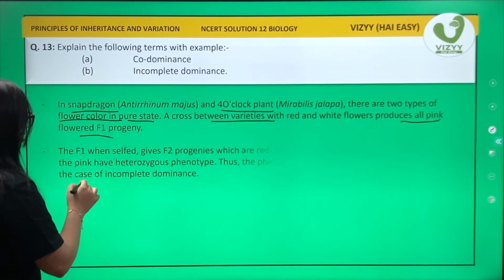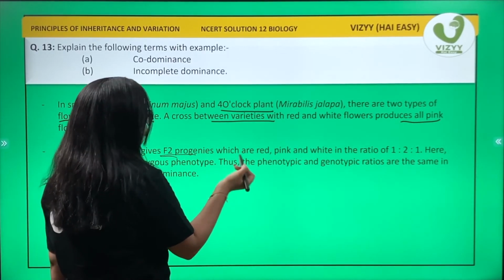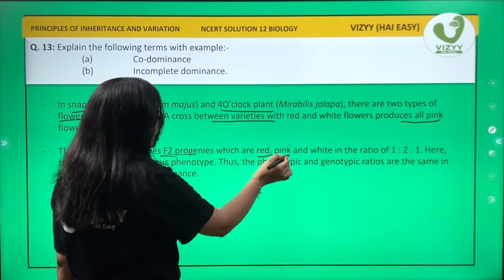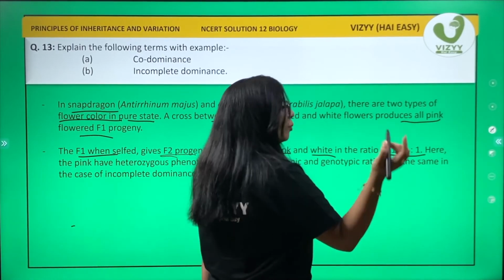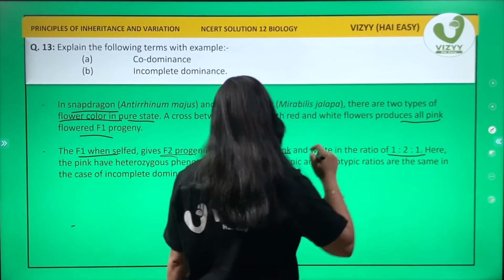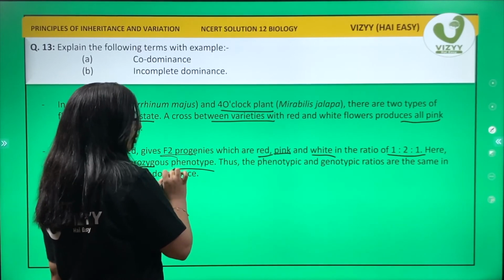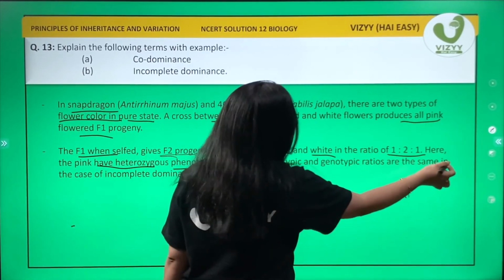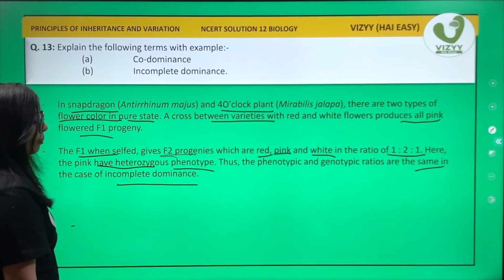Now, when F1 is selfed again, F2 progenies do develop red, pink and white flowers in the ratio of 1:2:1. Here, pink have the heterozygous phenotype, and thus the phenotypic and genotypic ratios are the same in incomplete dominance.